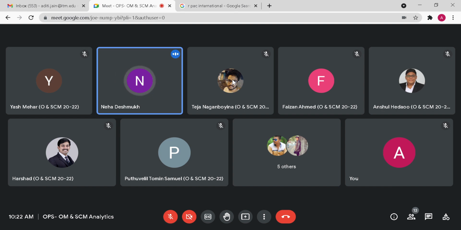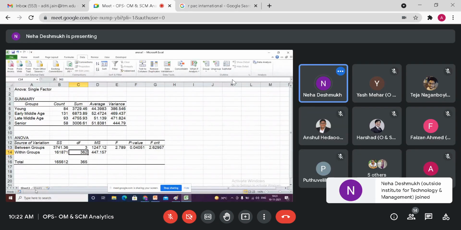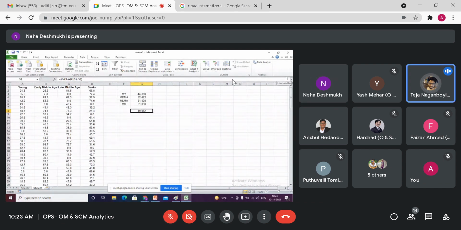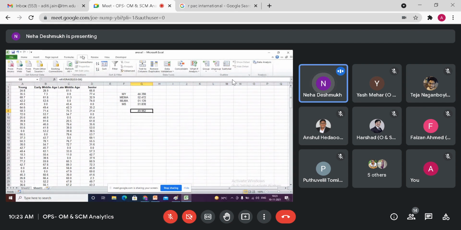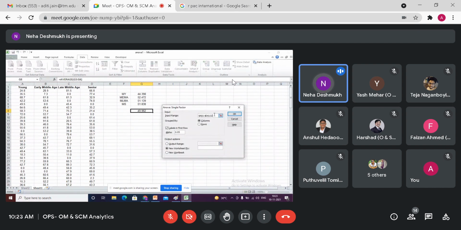Okay, I repeat how to execute the test on Excel. Is my screen visible? Yes, ma'am. Go to Data, note it down. Data Analysis, ANOVA: Single Factor, and OK. Here in input range, select the whole data.